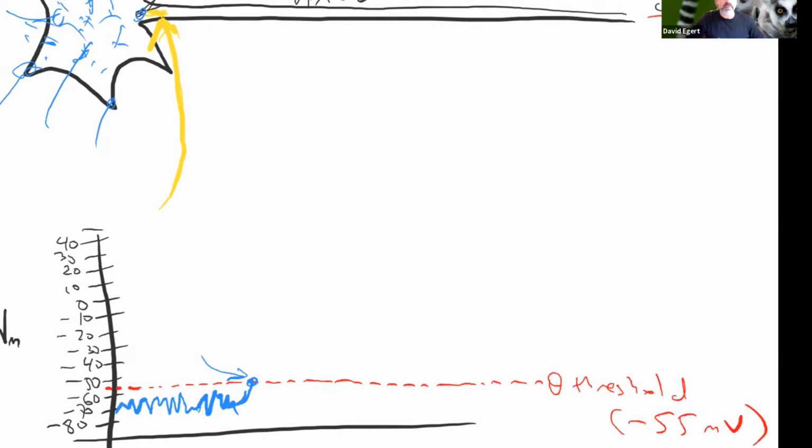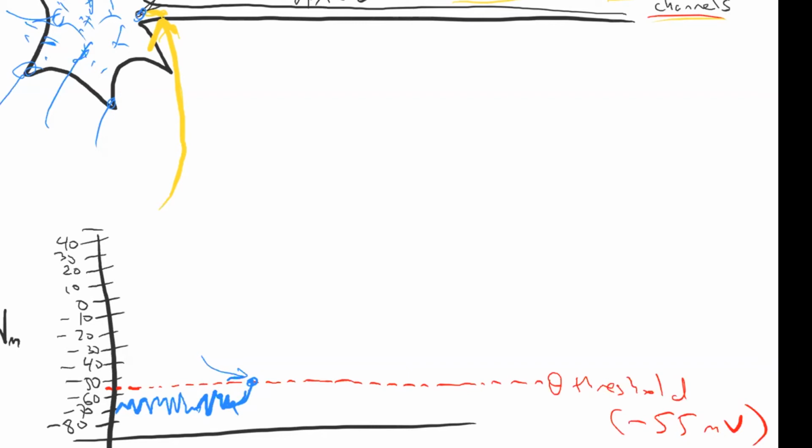What is going to happen the moment the voltage in the membrane hits -55? Again, we've got these special voltage gated channels sitting here. They're going to open and then close a millisecond later. Well, which particular one are we going to notice first?